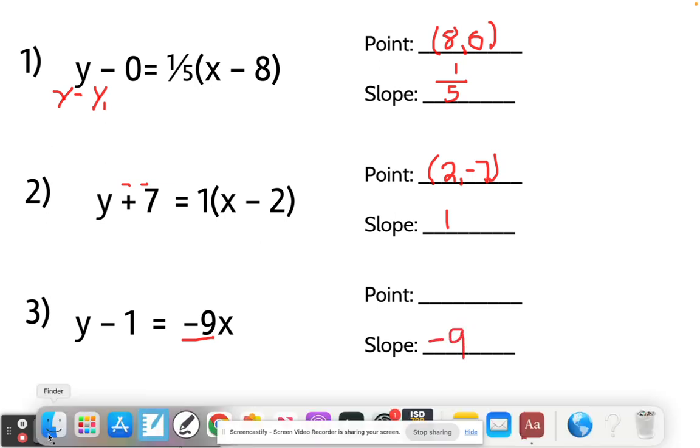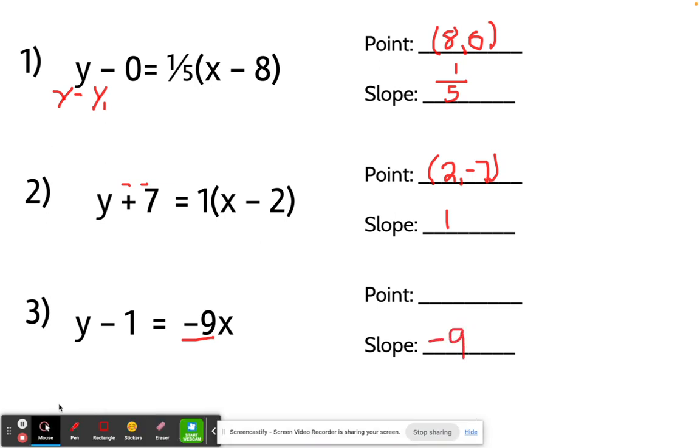And this is going to be the same as negative 9 times x minus 0. So my point would be 0, 1. You might want to make sure these special situations are in your notes, because if you encounter them, you might go, is that really in point slope form? But it is.